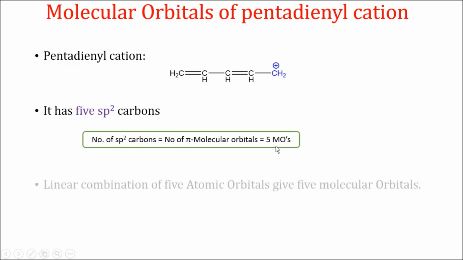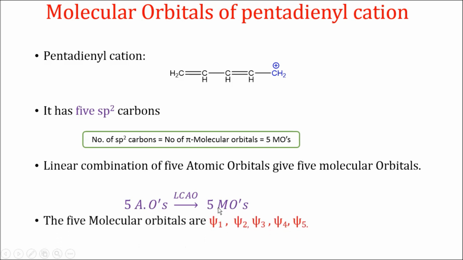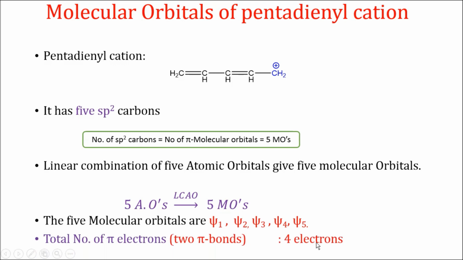These molecular orbitals are obtained from the linear combination of the 5 atomic orbitals. Those 5 atomic orbitals give 5 molecular orbitals: psi1, psi2, psi3, psi4 and psi5. Here in this molecule we have 2 pi bonds, therefore 2 twos are 4 pi electrons present.